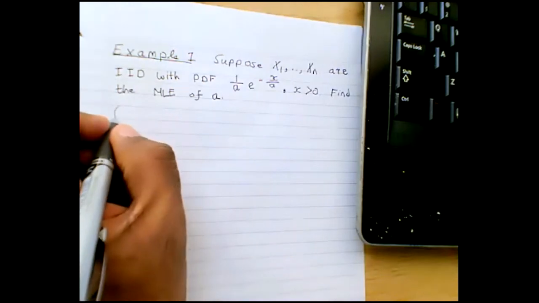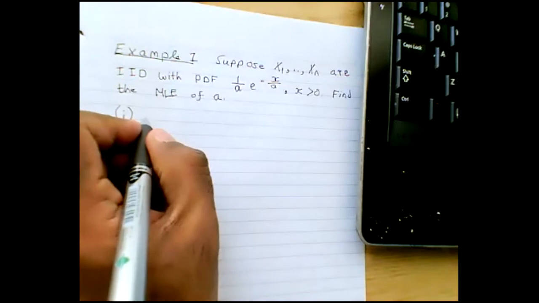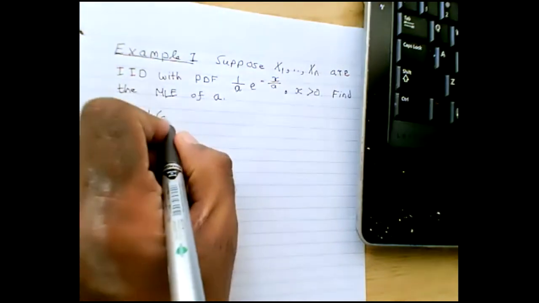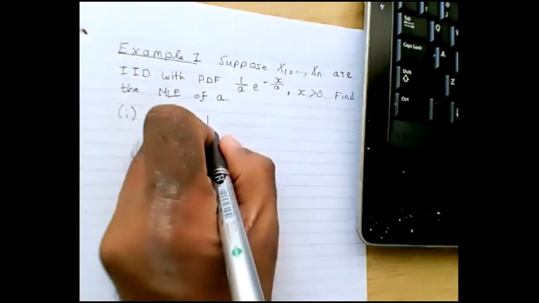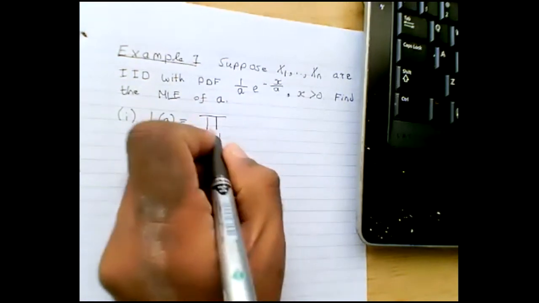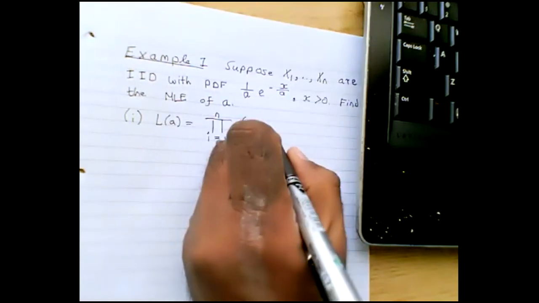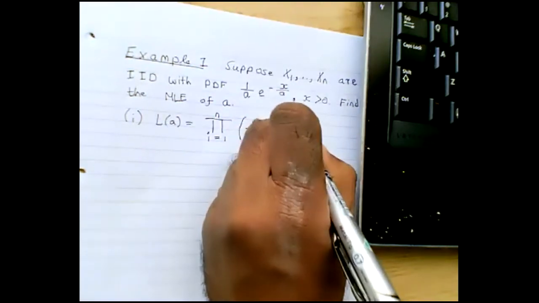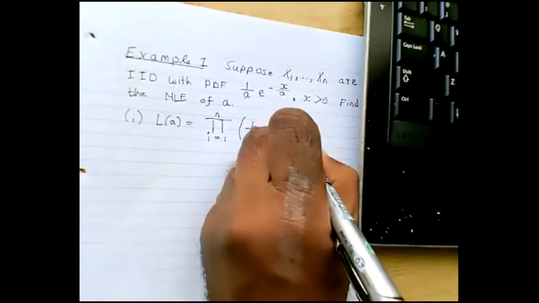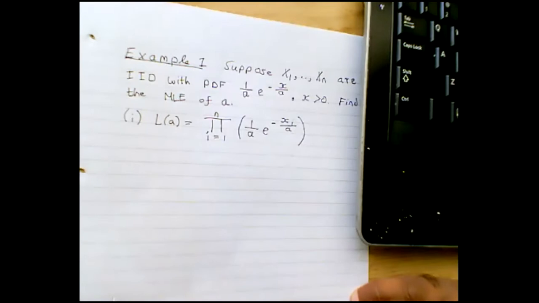So the first step you need to do is to write down the likelihood function of A, which is the product from i equals 1 to n of the PDF. This is the likelihood function.